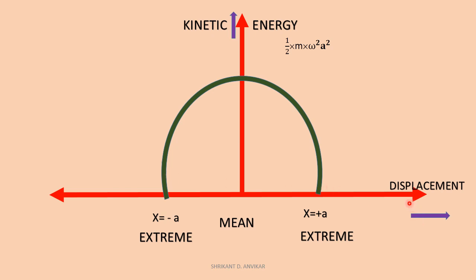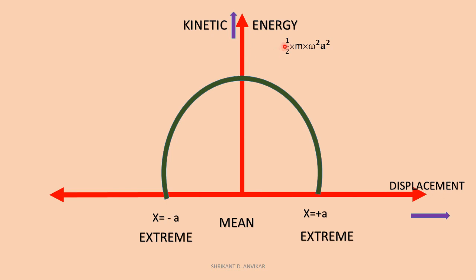In the graph, displacement is plotted on the x-axis, kinetic energy on the y-axis. Mean position coincides with the origin. Therefore, at one extreme position, displacement is equal to plus A, and at another extreme position, displacement is equal to minus A. When the particle is at mean position, kinetic energy is maximum.